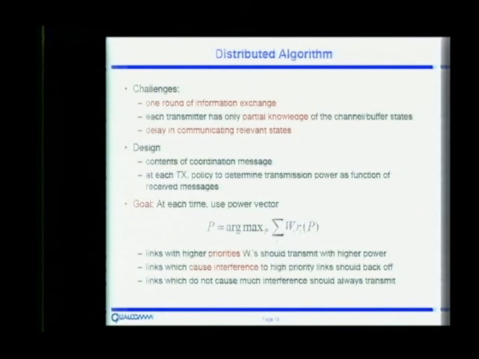So you just send out some broadcast message, interferers see it, and they decide the transmit power, and that's it. And each transmitter has only partial knowledge of the network state, channel and buffer states, and there's some delay. The scheme I described over the air has about 4 milliseconds of delay, so we focus on coordination mechanisms for this.